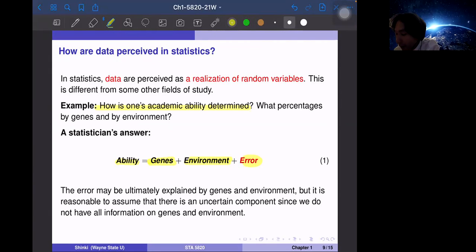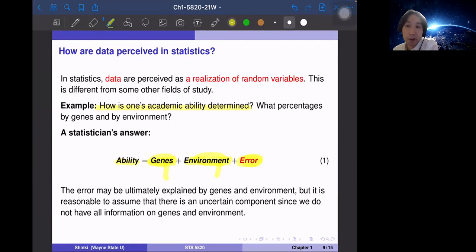But the statistician's way of thinking is, okay, genes explain some part, environment explains some part, but the random error, the random variable, explains the remaining part. So some part of the ability cannot be explained by either genes or environment.